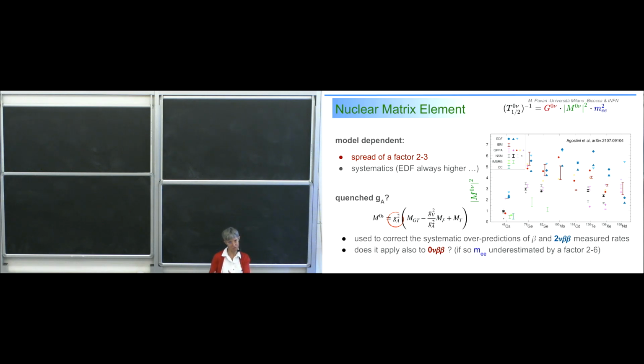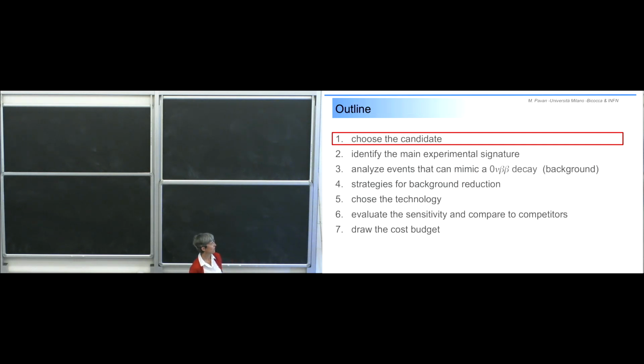So nuclear physics is completely different from what we are used to in particle physics. You still have different models, and each model is able to describe only part of the phenomenology that you are able to observe. But Luigi will discuss this point.